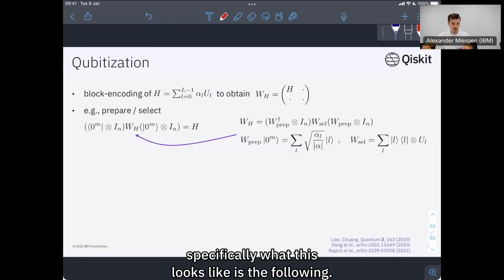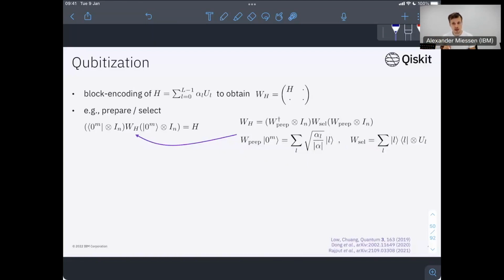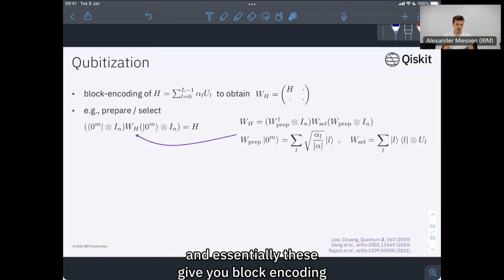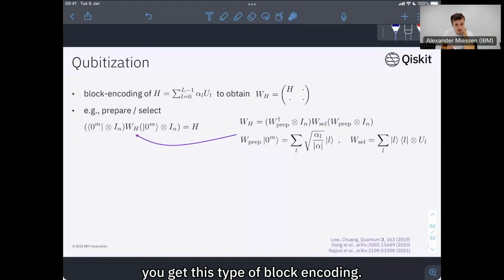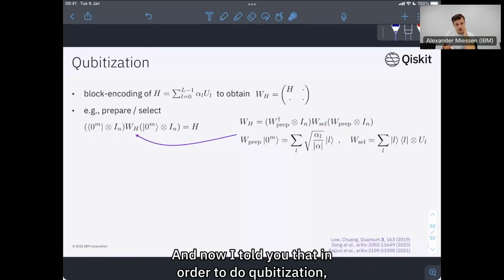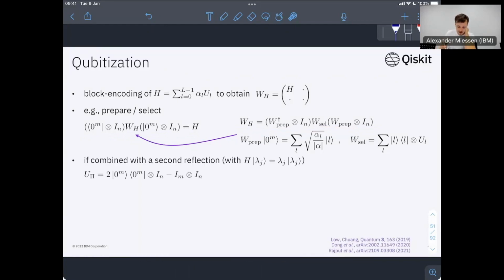Specifically, what this looks like is the following. You remember these prepare and select operators from LCU, and essentially these give you block encoding, and you can use this block encoding for qubitization. You can check that with this construction here, you get this type of block encoding. Now I told you that in order to do qubitization, we need a block encoding composed of 2 reflections, okay?